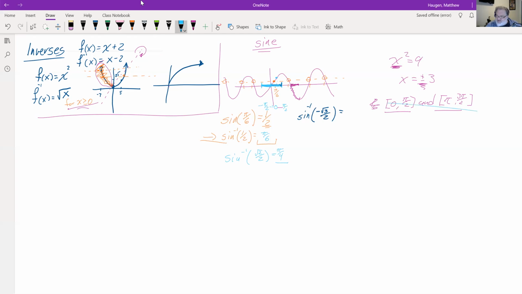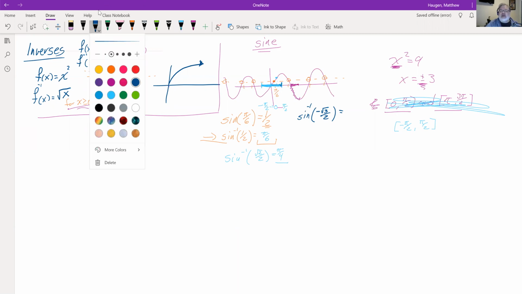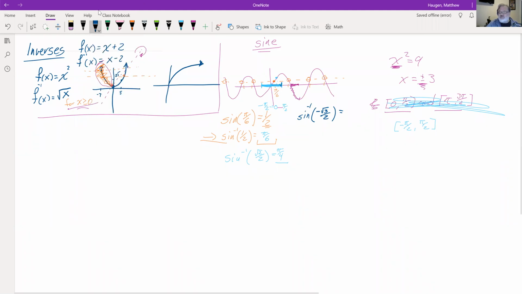So instead of doing this, which again would work, how about we go from negative pi over 2 to pi over 2? That way we have one chunk instead of two chunks. Now, you could argue that it's two chunks, but I'd rather have them be positive than have some of them be negative. And there's certainly an argument to be made there.